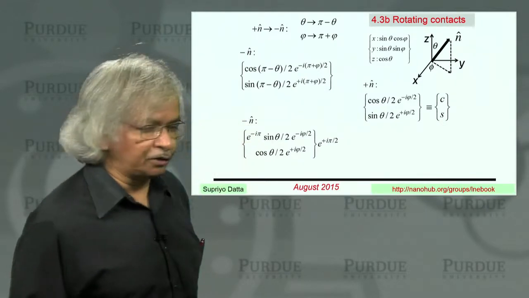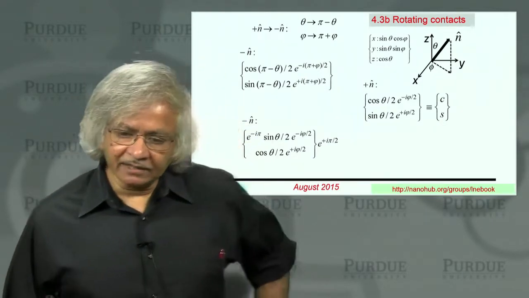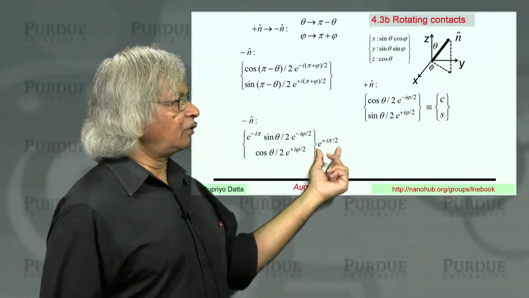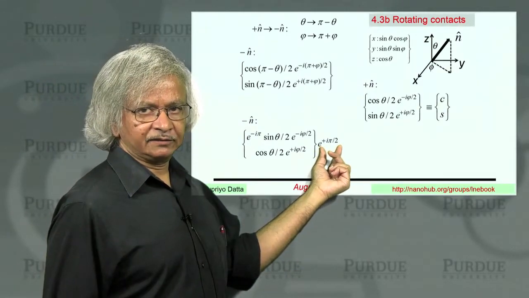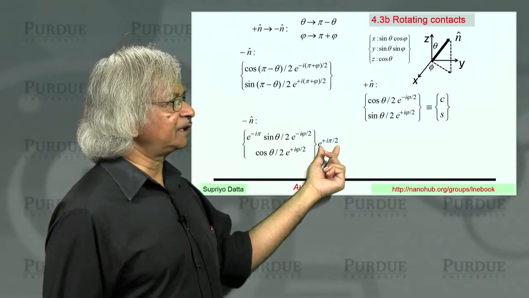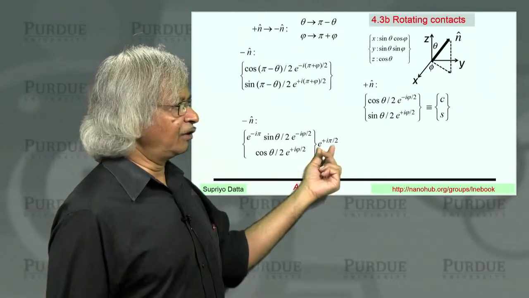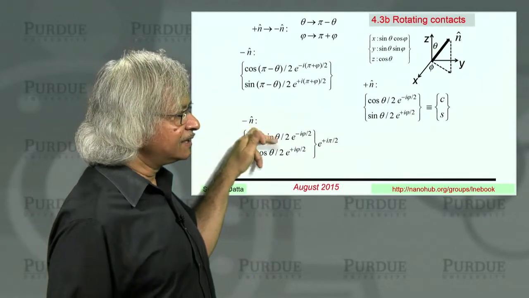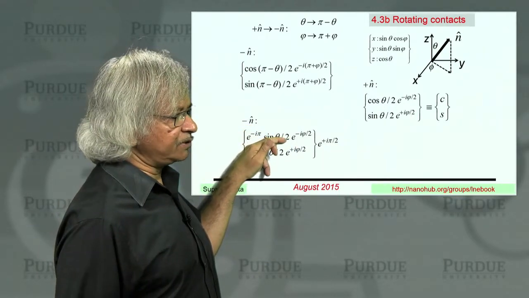And one point I want to make here is that when you write the components of a spinor, this overall quantity here does not matter. So if you put an exponential i pi over 2 or any phase factor out here, it doesn't matter. What matters is the relative phase between them.